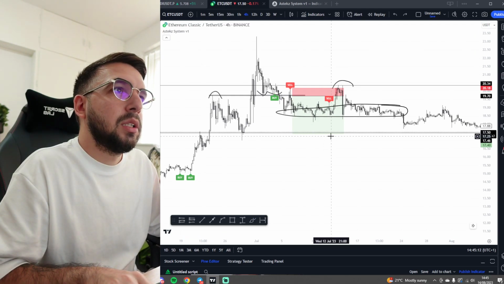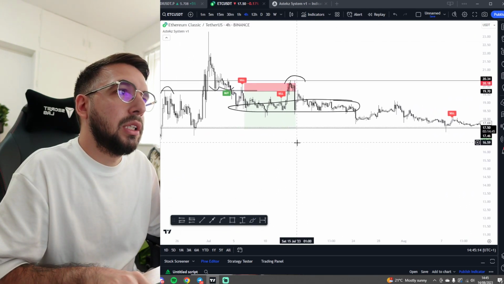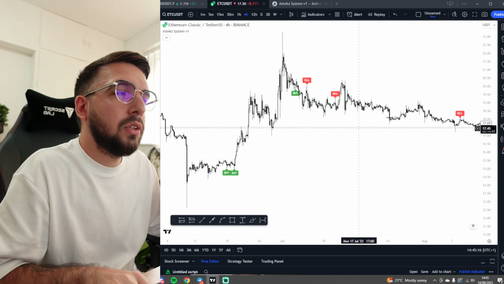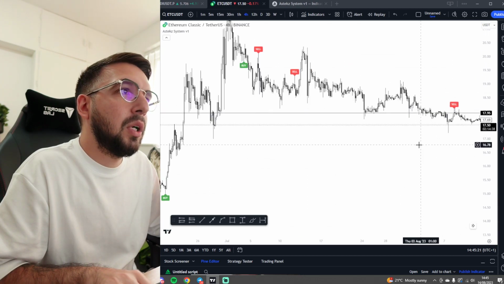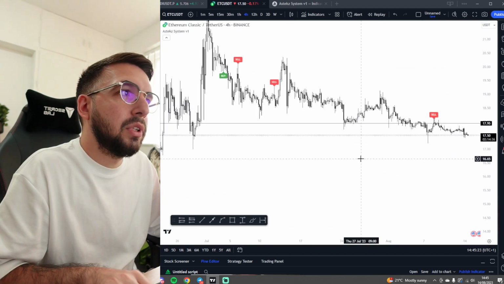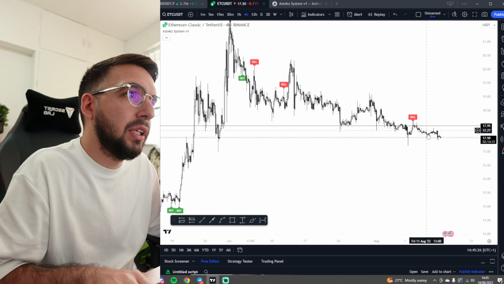So now let's move along to this recent one, which I think is a good one because, again, looking at structure, this might be telling us it wants to make its next move down, and it's kind of initiated already, right?